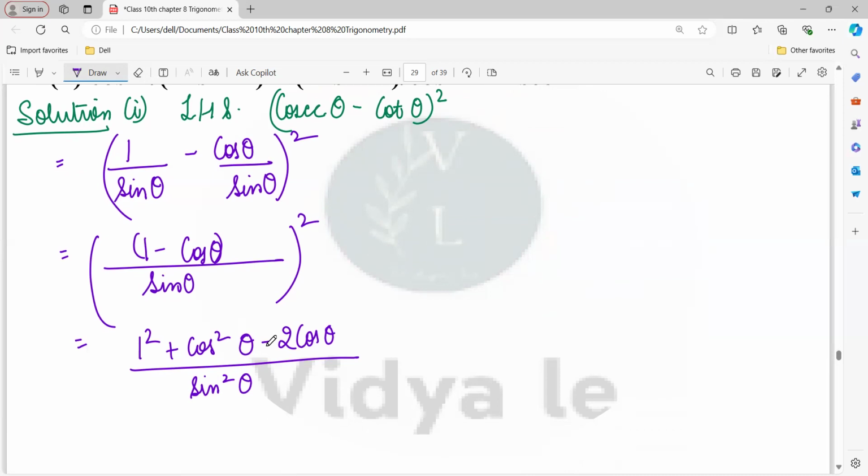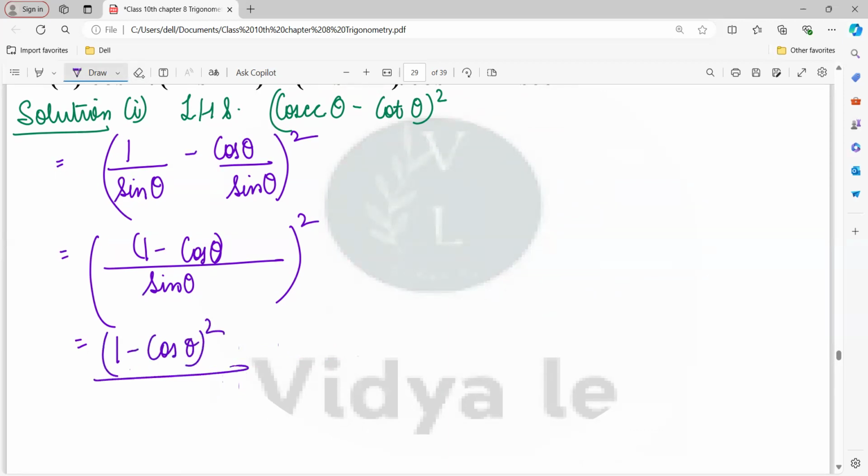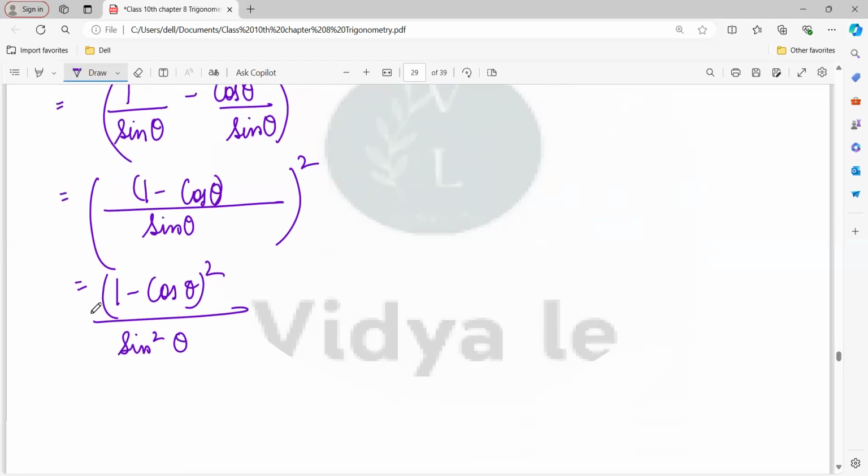Or what we can do here, okay, let's ignore this step. So we'll do it in an easier way. What the easier way is, we'll write the upper term as it is, and the lower term we have is sine square theta. And what we'll do here, we will convert sine square theta into cos.